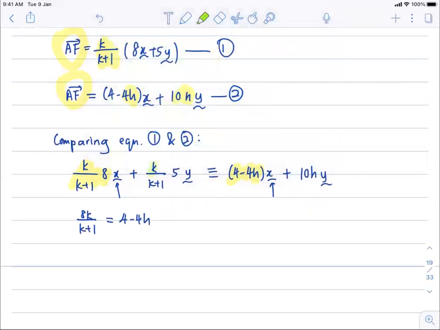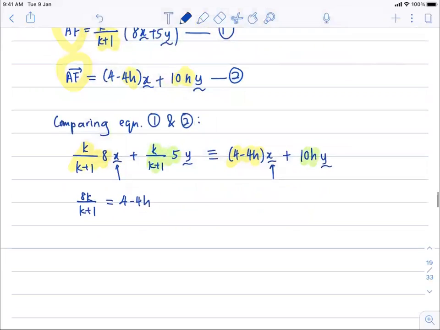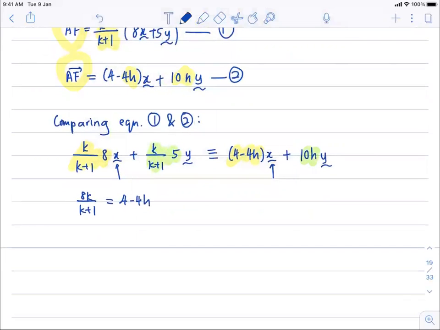For y, this one and this one. You get k over k plus 1 multiplied by 5 is equal to 10h. So equation 3 and equation 4.